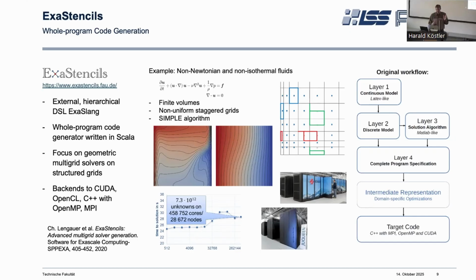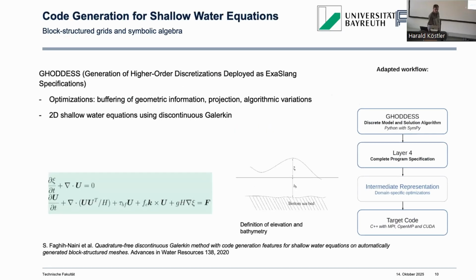Okay, but that was the start, and we were able to implement efficient multigrid solvers. After that, we also extended it, and this is important to mention, so that we could support a different kind of discretization and grids.